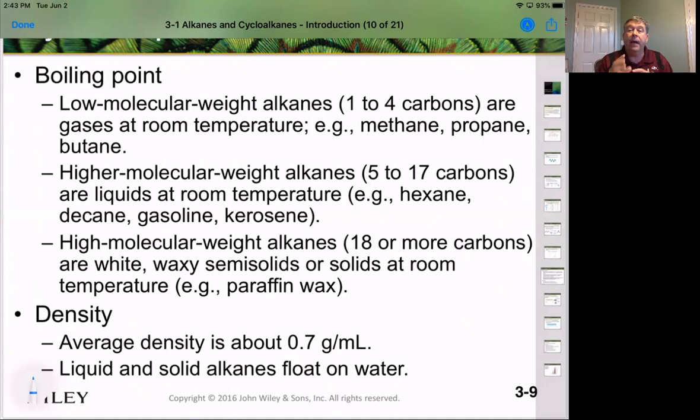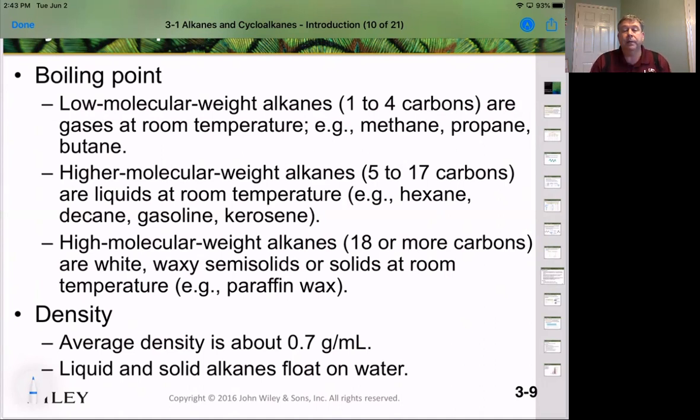Once you start getting to paraffin and fats and oils, those tend to have more than 18 carbons and tend to start solidifying there. Now, if you go to very high molecular weights called polymers, which we'll talk about in chapter 16, the properties change again.